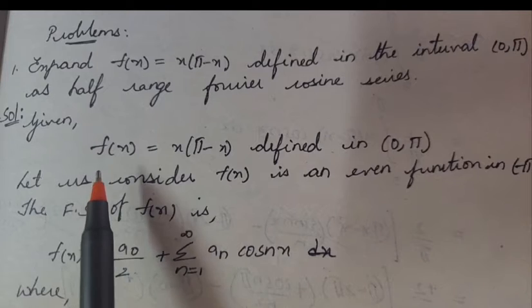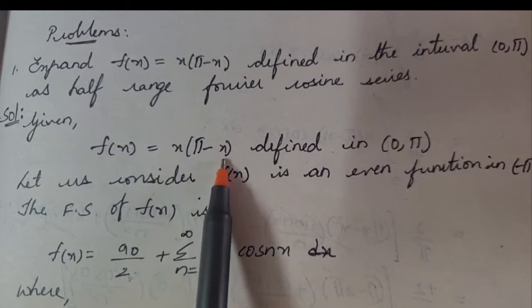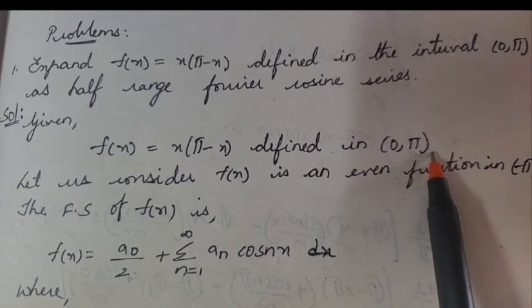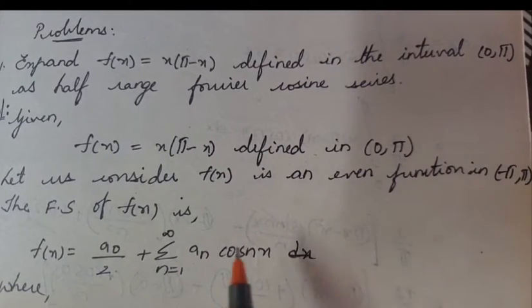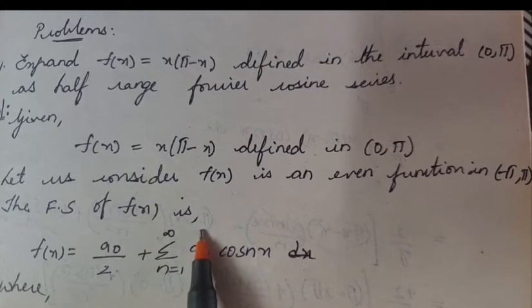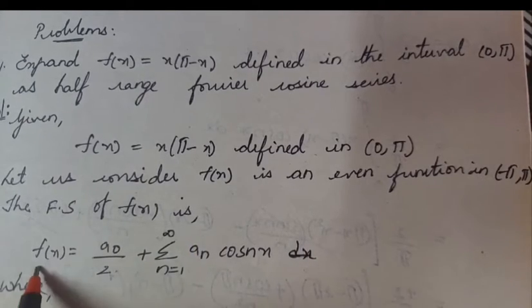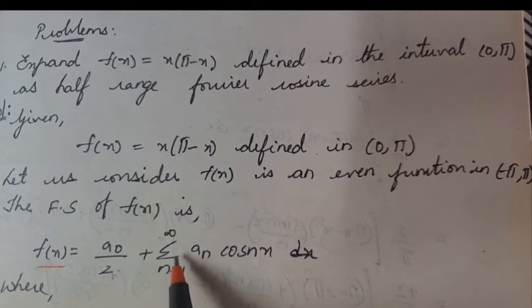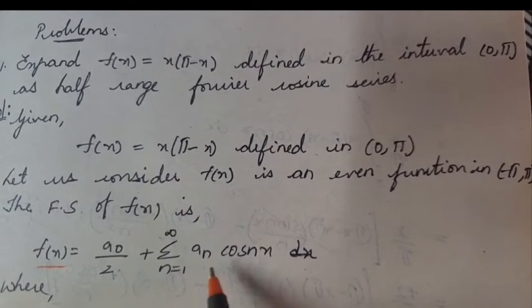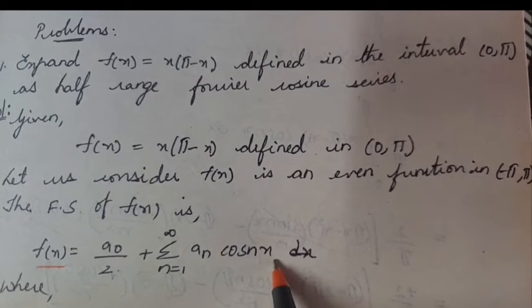The given function is f of x equals x into pi minus x in the interval 0 to pi. So let us consider the even function in minus pi to pi as the Fourier series of f of x. The Fourier series equation is f of x equals a0 by 2 plus sigma n equals 1 to infinity an cos nx.